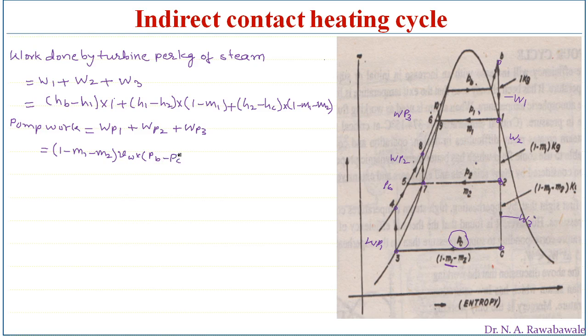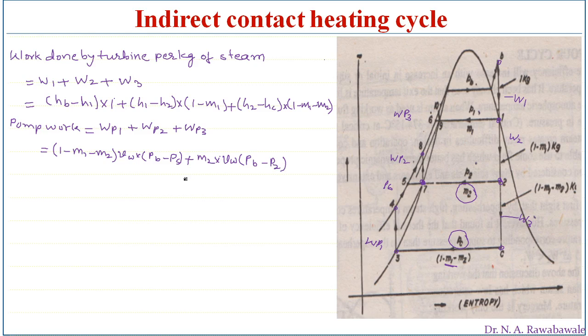Then pump work 2: the second pump is going to supply M2 kg of condensate, only M2 kg, from pressure P2 to boiler pressure directly. So here M2 into specific volume of liquid into PB minus P2.